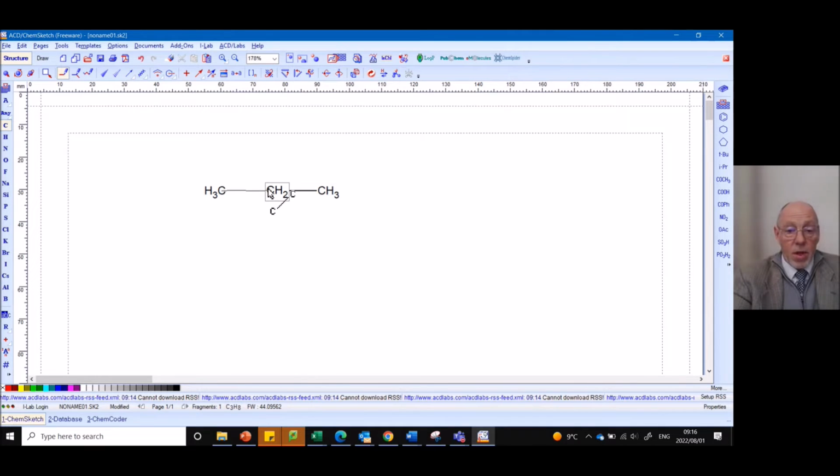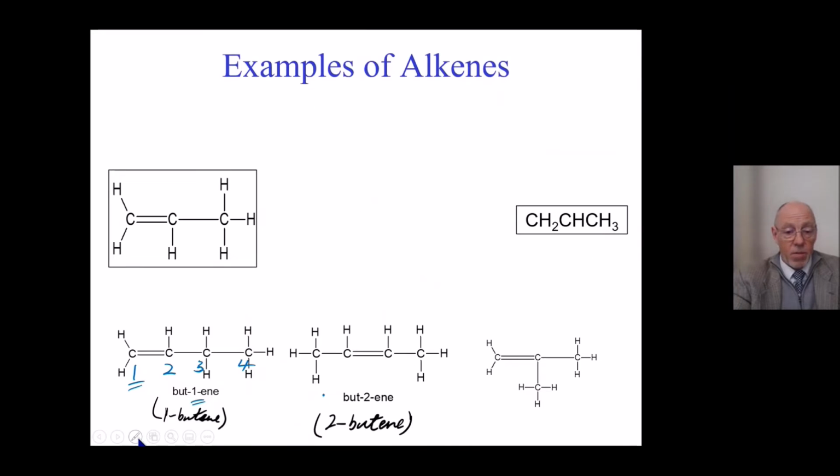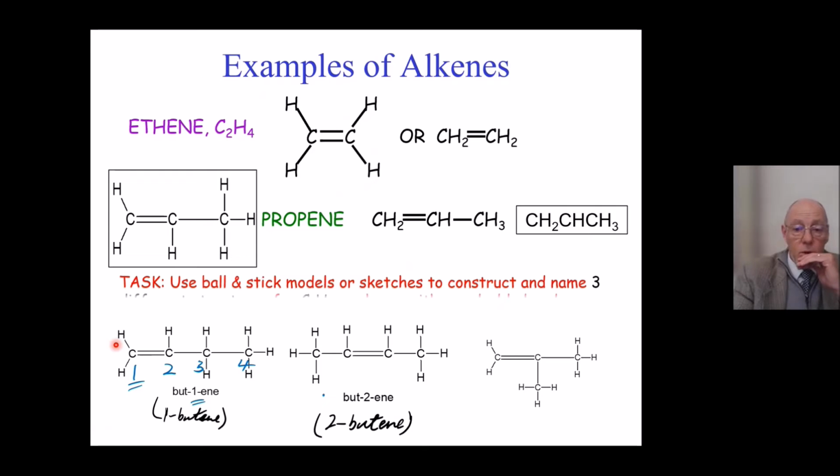And if you make that double bond there, and then go and show all your hydrogens, that molecule is the same whether it's that way around or whether it's that way around. So if you move that double bond from here to there, it's basically just the same molecule just been flipped around 360 degrees. So you don't need to say prop-1-ene, you don't need to specify the position of that double bond. So ethene, propene.